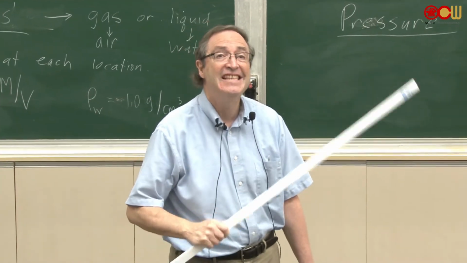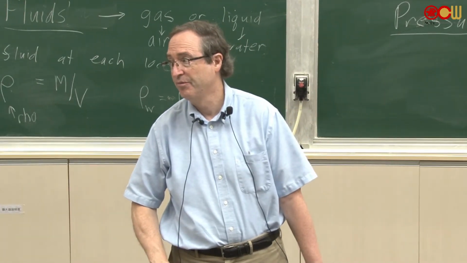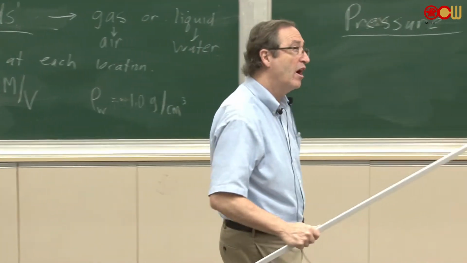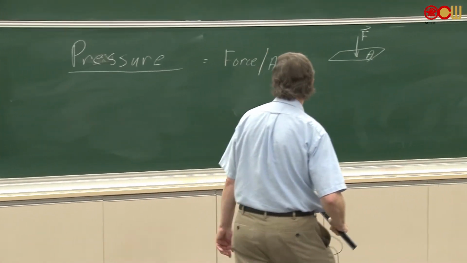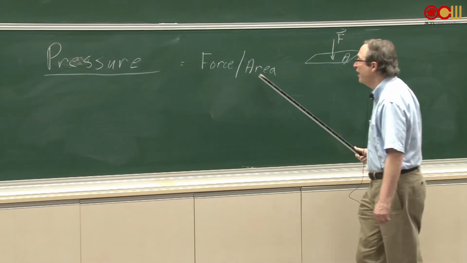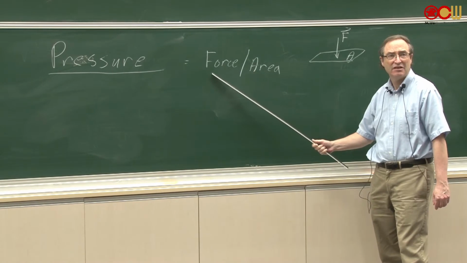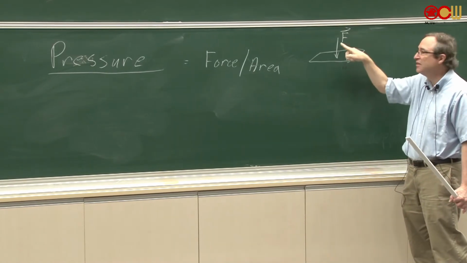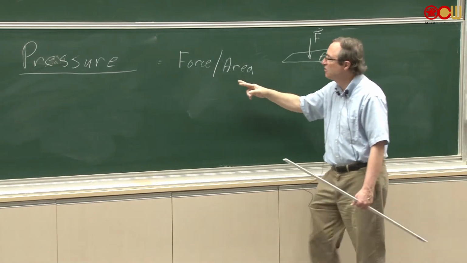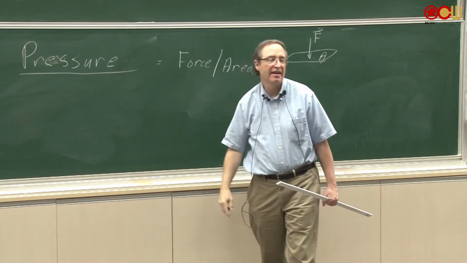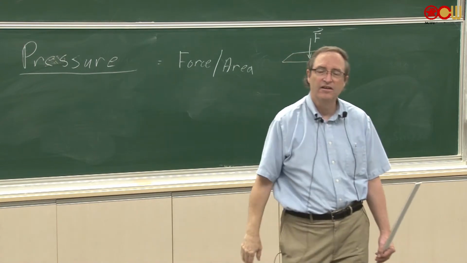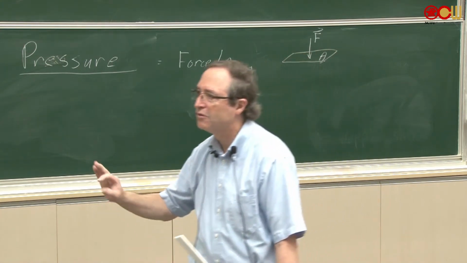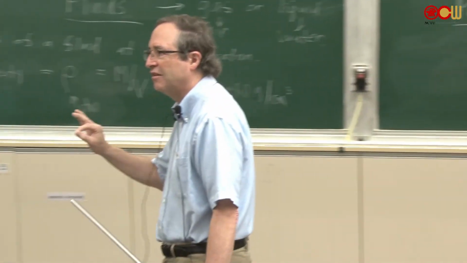Pressure is not a vector, though. For us, it's going to be a scalar. Even though it has this force per area, and force is a vector, we're really kind of dotting the force into the area vector. So it's really a scalar. We don't talk about the direction of the pressure.